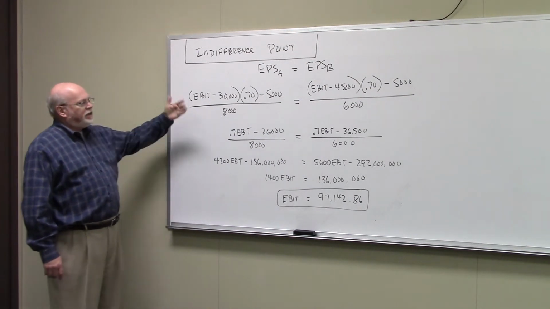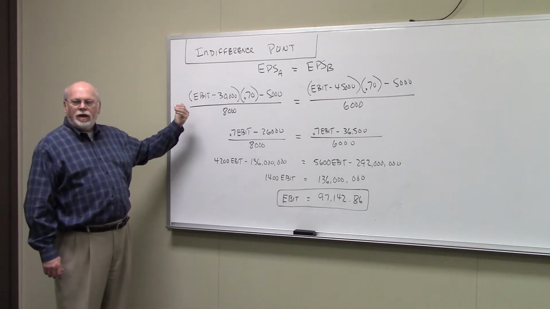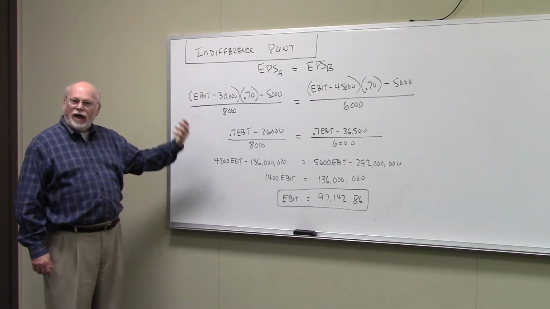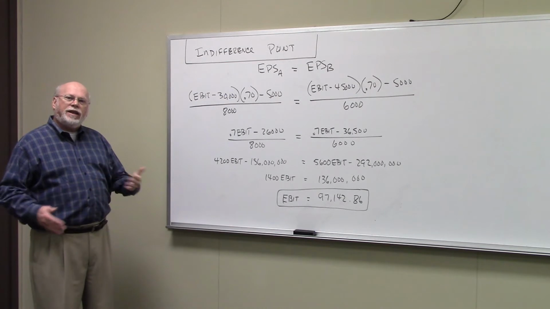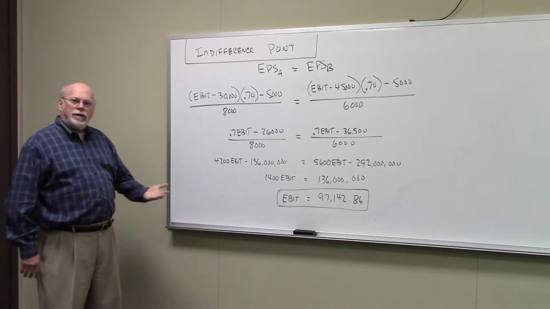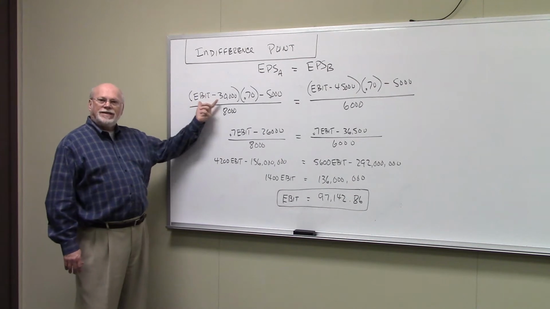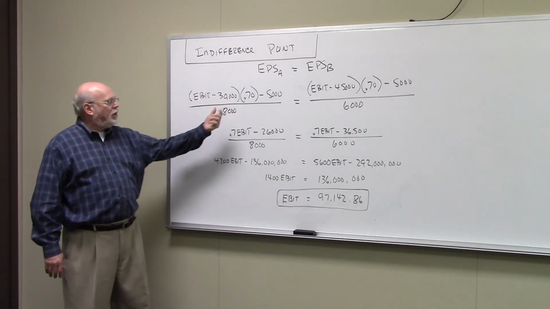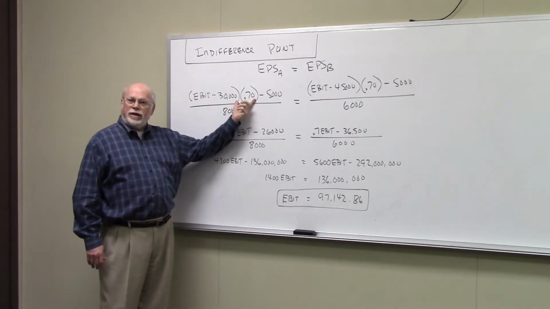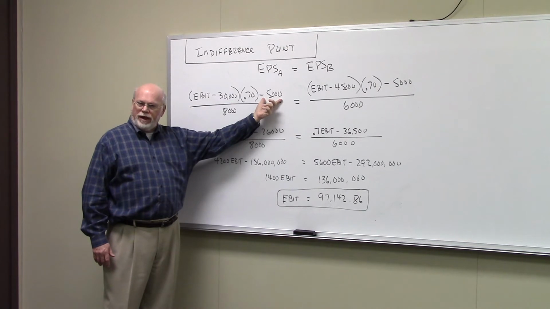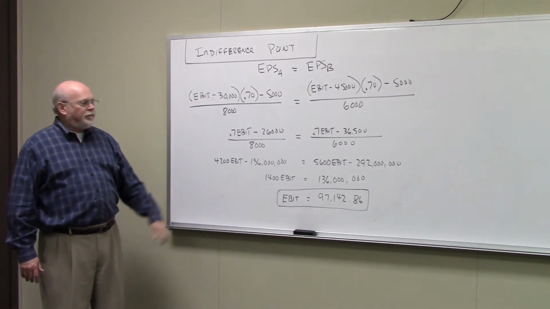Now, the formula you see to the left of the equal sign is for capital structure A, and this is the earnings per share formula. So we have EBIT minus our interest, times 1 minus the tax rate, 1 minus 0.3 is 0.7, and then the dividends we would pay, the preferred dividends under capital structure A, is 5,000.